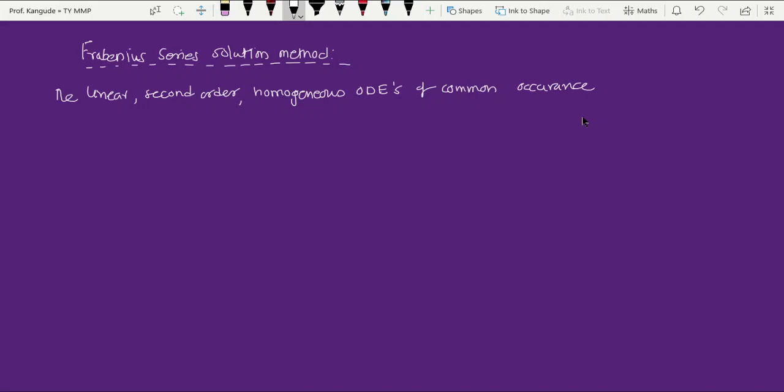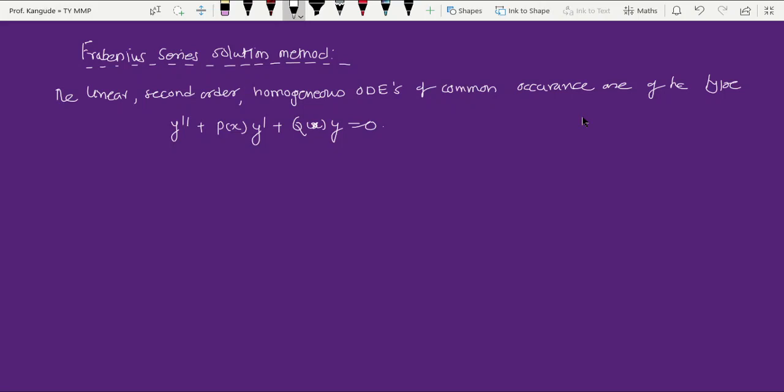Yesterday we wrote that type earlier. It is given by y double dash plus p of x into y dash plus q of x into y is equal to 0. So this is a standard type of equation which commonly occurs.